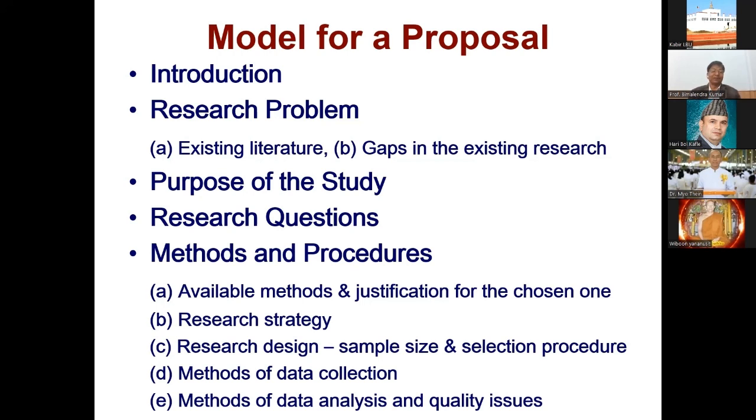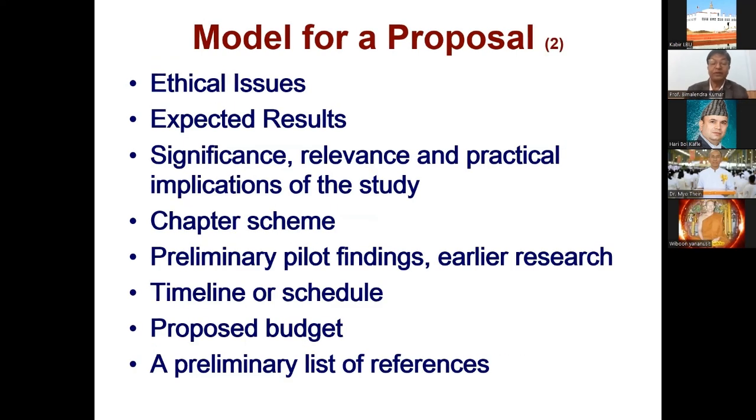We have to make methods of data collection. Here, a research scholar has to explain what type of methodology you are going to adopt for collecting the research materials, and then what the data analysis and the quality issues are.